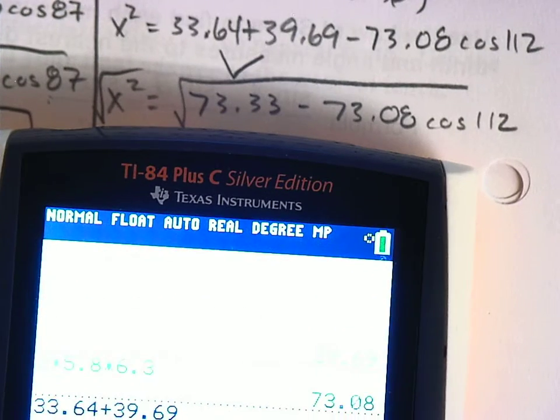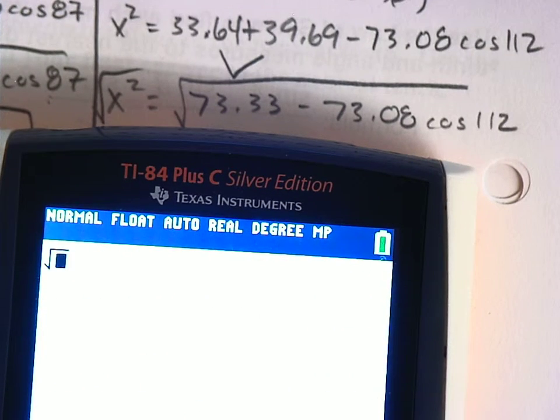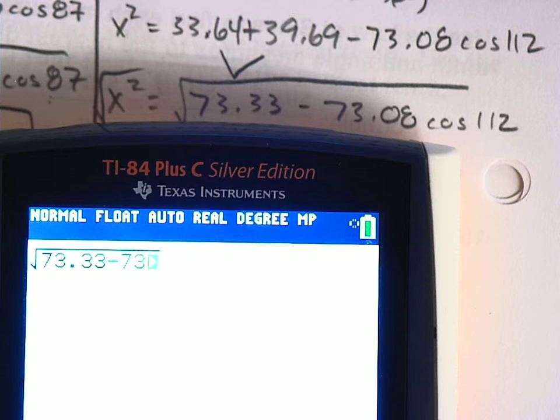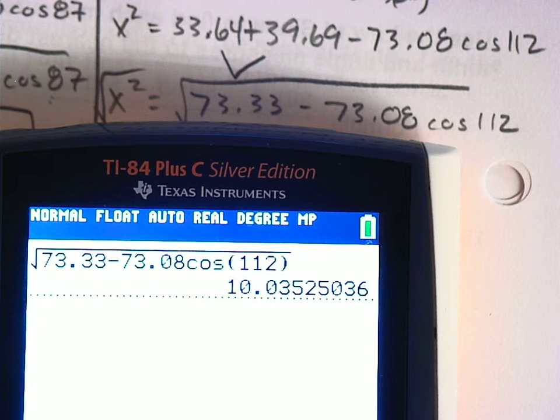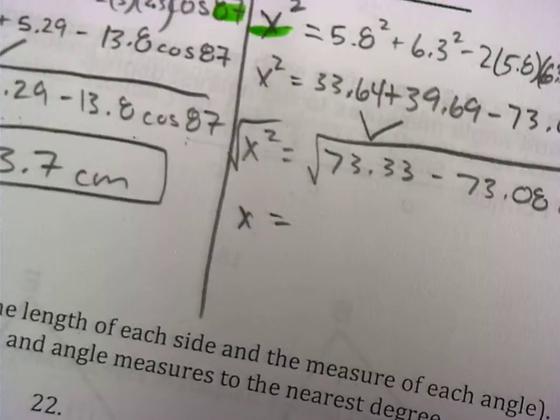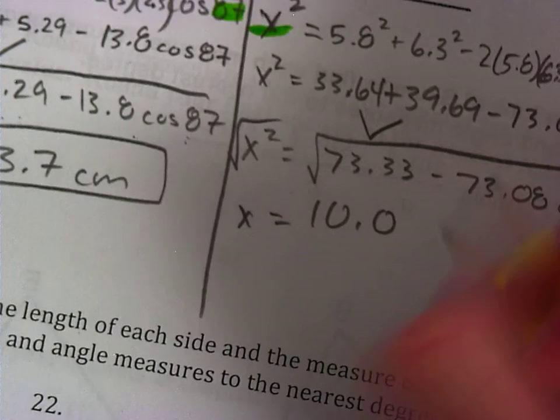So we're doing the square root of 73.33 minus 73.08 cosine of 112. We round to the nearest tenth, it's 10.0 miles.